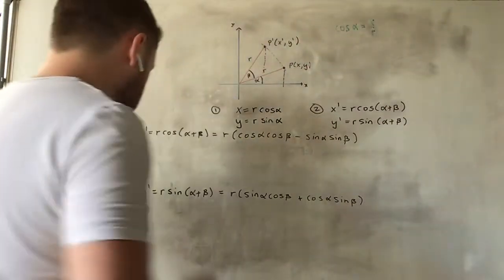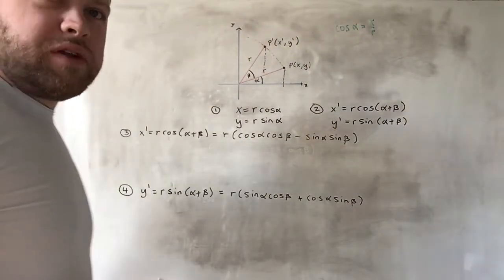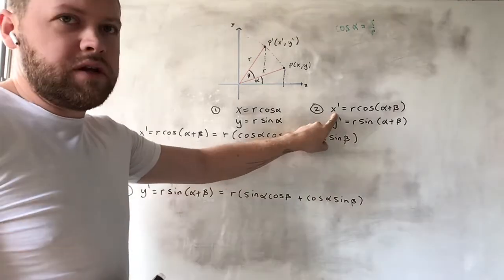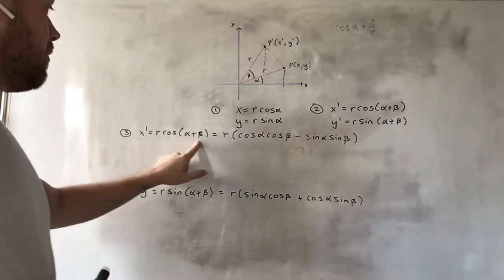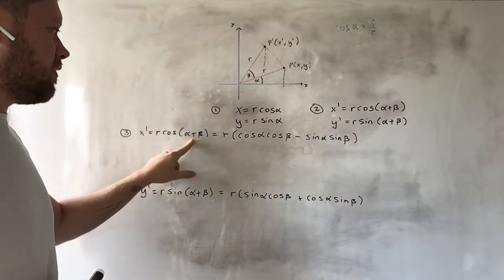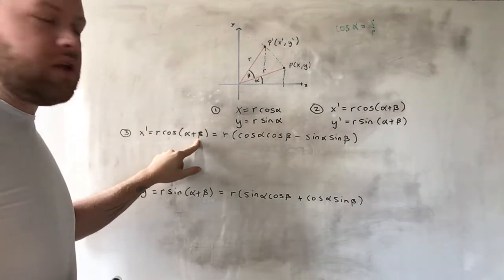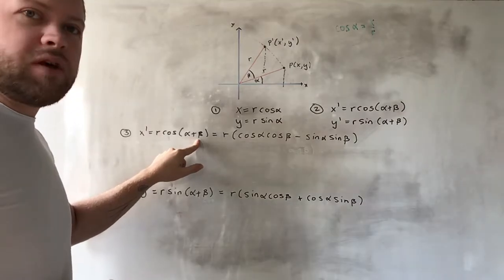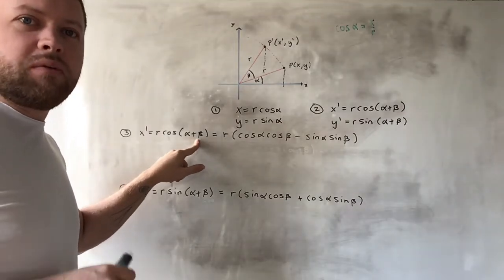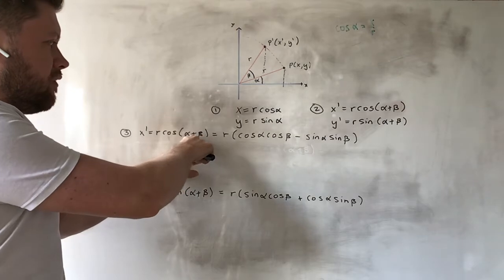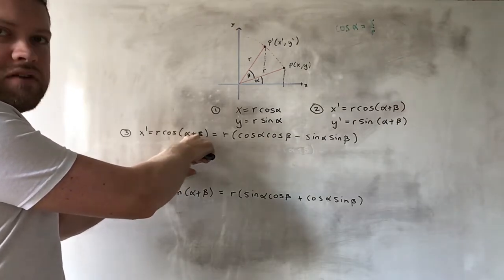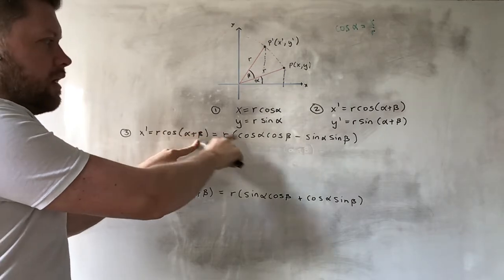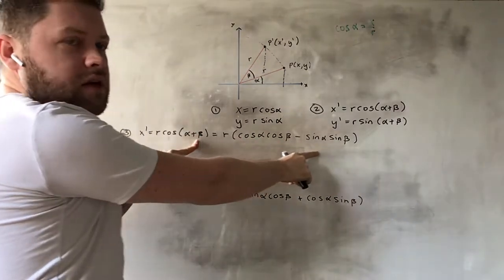Okay, so if we take this equation here for the x dash coordinate and just rewrite it again, so x dash is r cosine alpha plus beta. Well, we can use the trigonometric identity, which you may or may not be familiar with, but allows us to change a cosine of two angles added together, the sum of two angles, into this identity here.